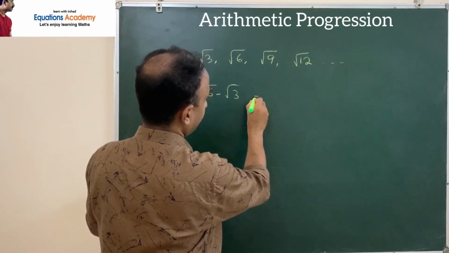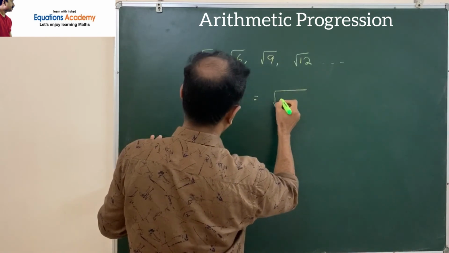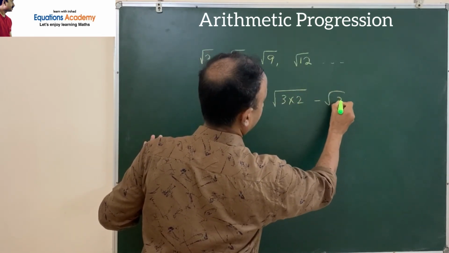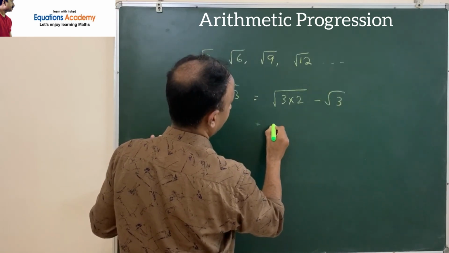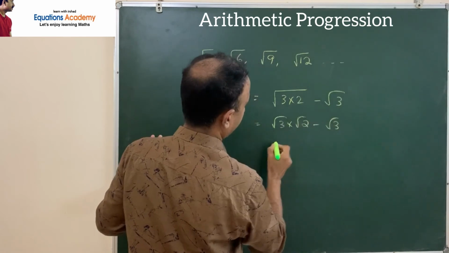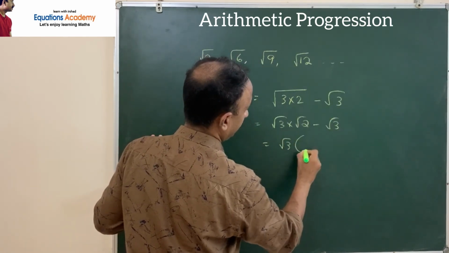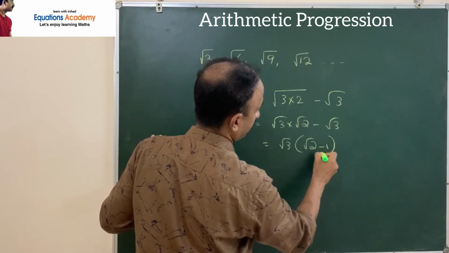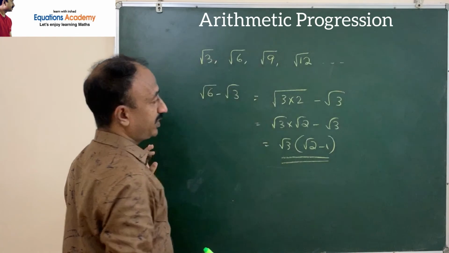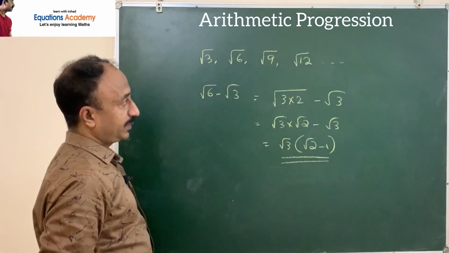Root 6 minus root 3 is equal to, if you want you can write, root 3 into 2 minus root 3. This is equal to root 3 into root 2 minus root 3. If you take root 3 common, root 3 into root 2 minus 1. This is the difference between root 6 and root 3.